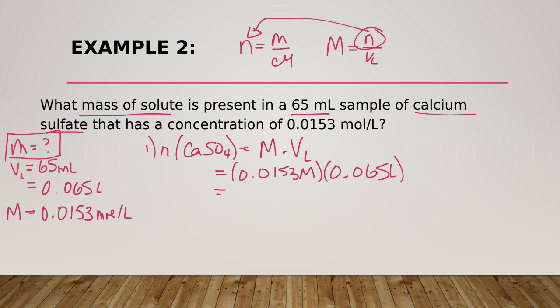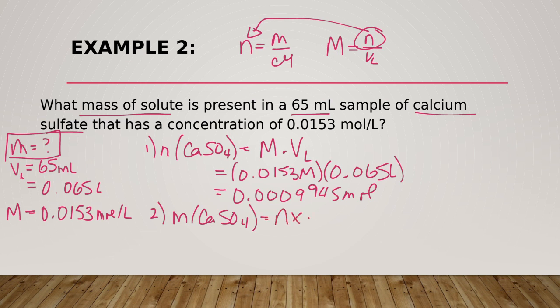When I calculate that, I get a mole value of 0.0009945 mole. And then we'll take that mole value and convert it to a mass of calcium sulfate.